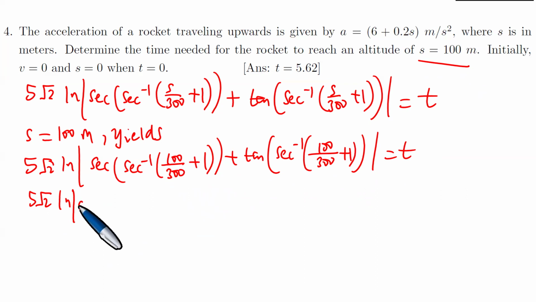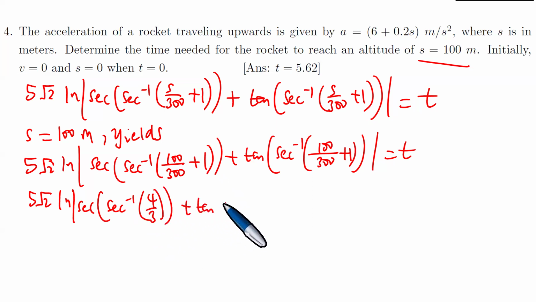Now this is the secant of arcsecant of this. So this is 1, this is 0, the zeros will cancel, giving us 1 over 3 plus 1. And 1 over 3 plus 1 would give us exactly 4 over 3.